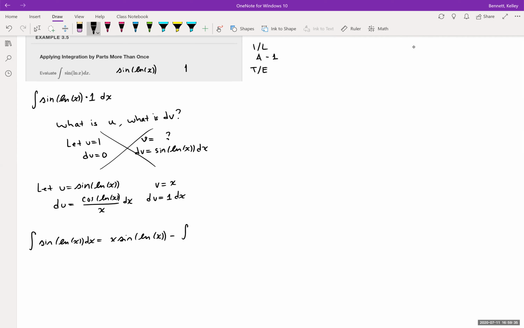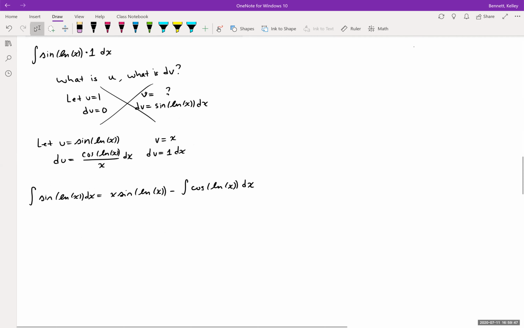So I'm just going to end up with cosine of ln of x. And it's not great because we're kind of right back to where we started, but that's okay. So we're just going to do integration by parts again. So here we're going to let u equal cosine of ln of x.